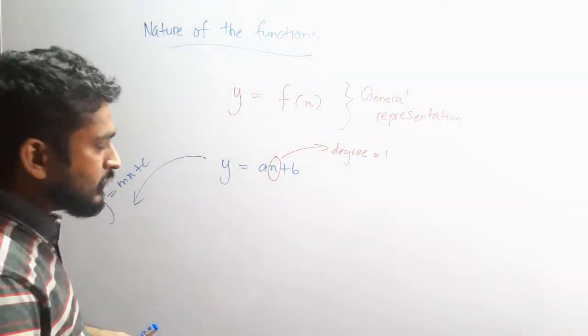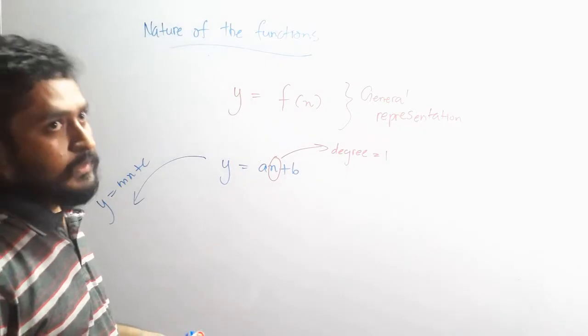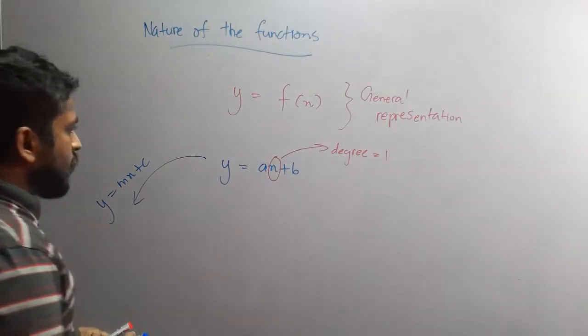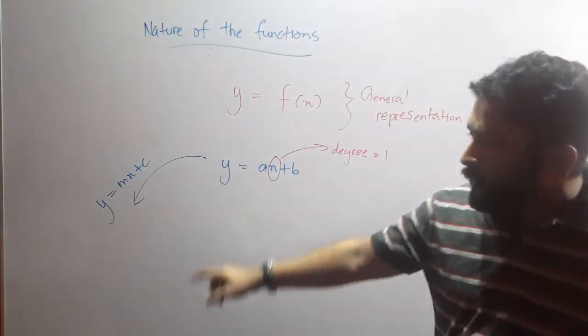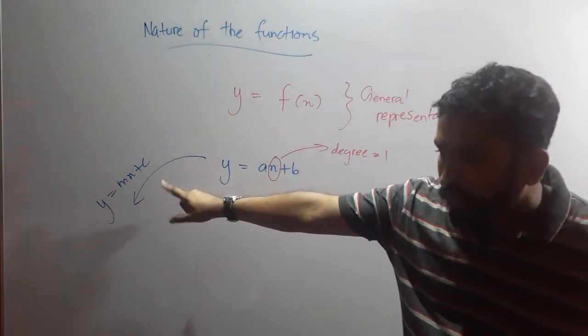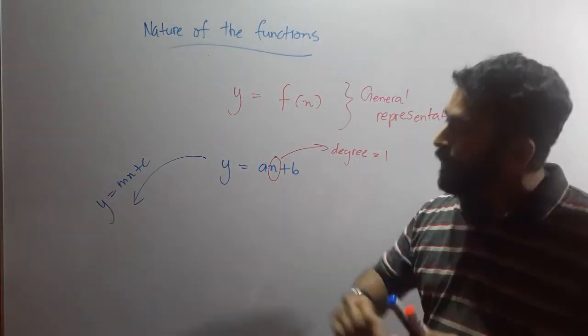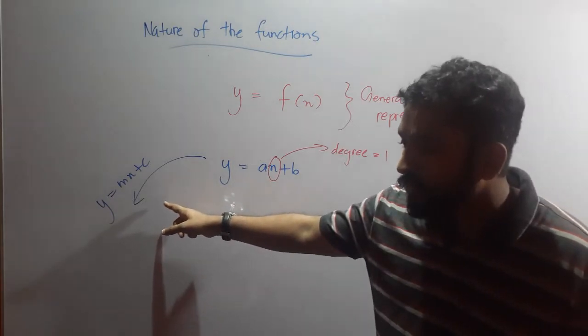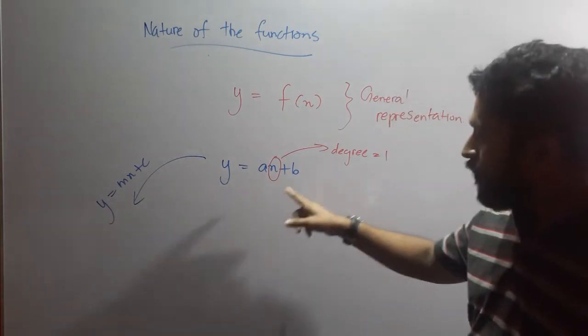And as you observe, don't you know the nature of the graph? The nature of the graph means the shape of the graph given by y equals mx plus c or y equals ax plus b.